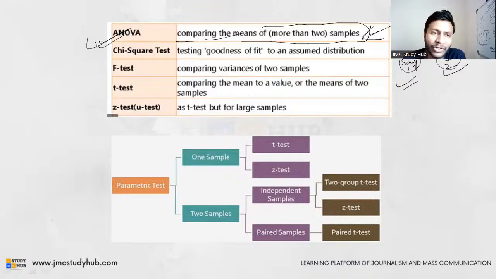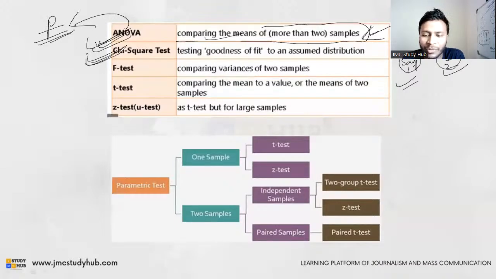Okay, so which type of test will the ANOVA test come under? Everybody tell me quickly. ANOVA will come under which type of test? Parametric or non-parametric? P or NP? Everybody? Yes, that is P. Okay, very good. Similarly, chi-square test, everybody tell me quickly. Chi-square test would come under which? Chi-square?